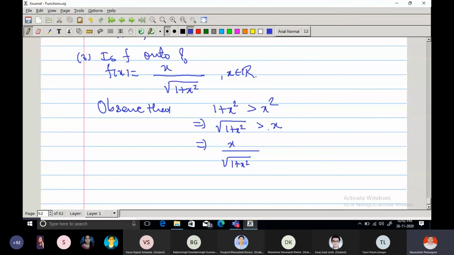That means x upon this is less than or equal to 1 basically, or strictly less you can say. And therefore f of x is strictly less than 1 for all x. That means the value of the function for every x in domain is strictly less than 1.